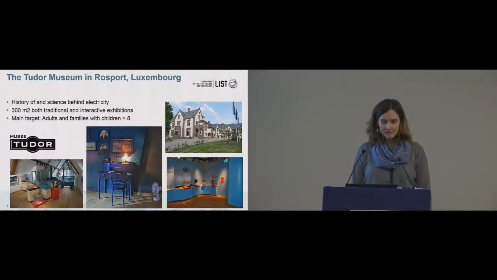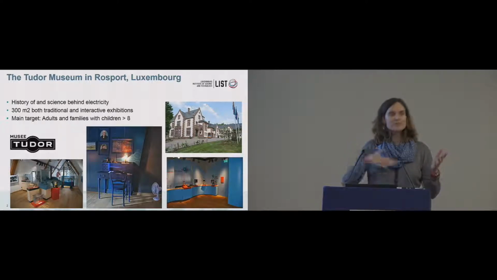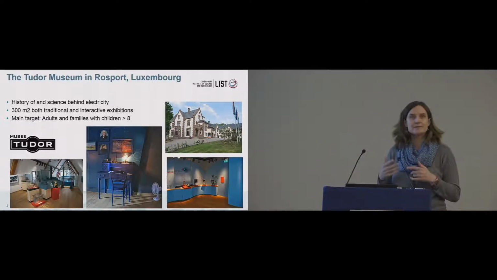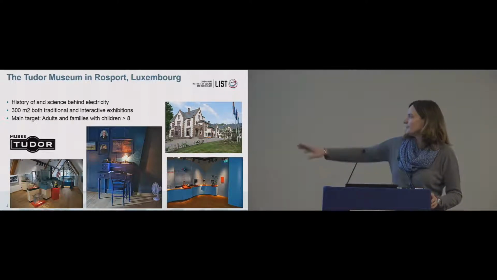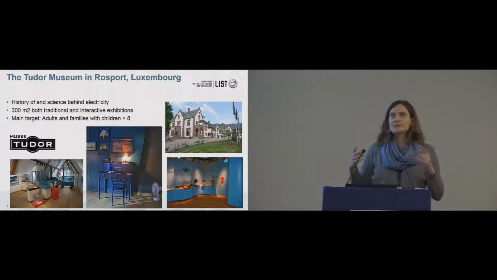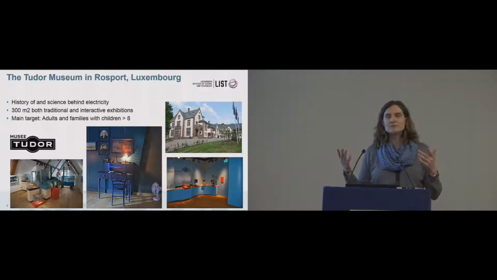It's 300 square meters. And it started off with more traditional exhibits like old batteries and old battery plates and so on, but then moved progressively to more interactive exhibits. So you see a few pictures there. In the middle, the picture shows that one idea in the museum is to recreate a little bit the atmosphere of that time.